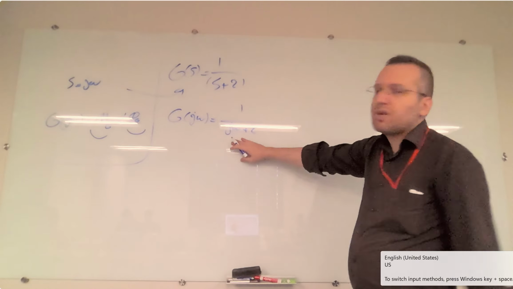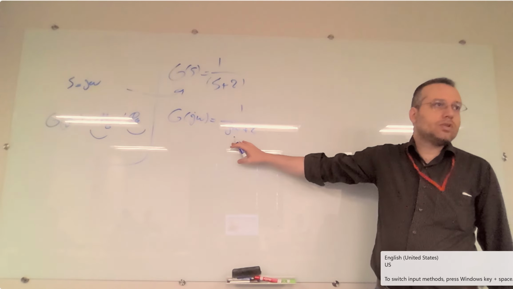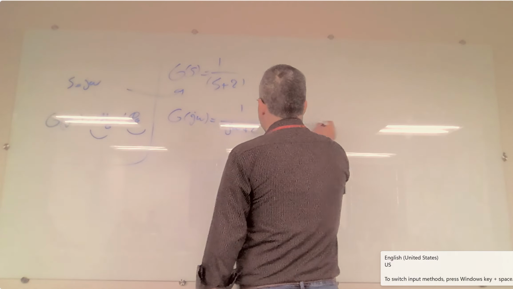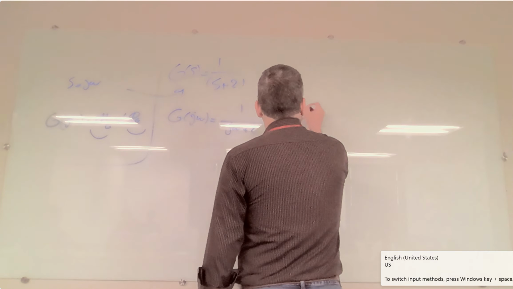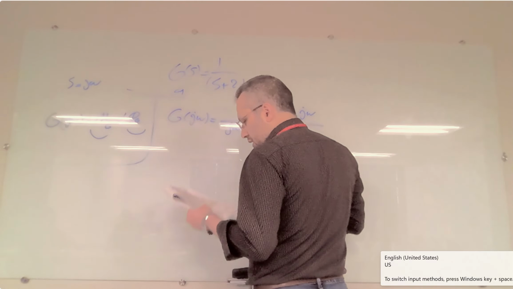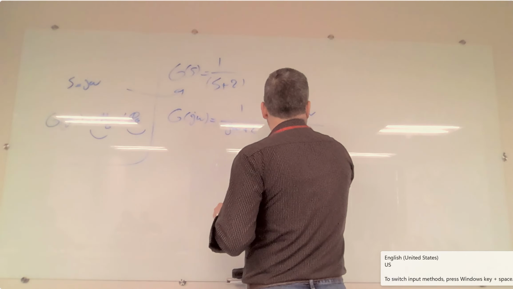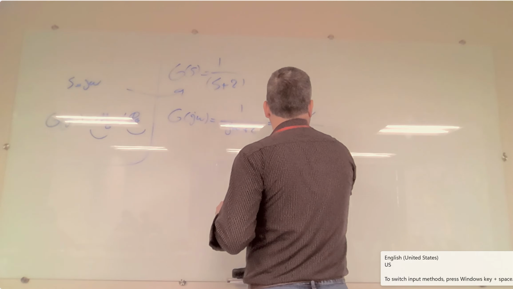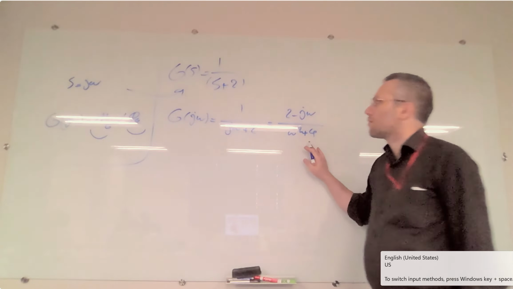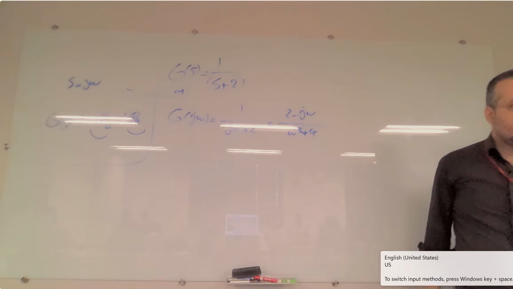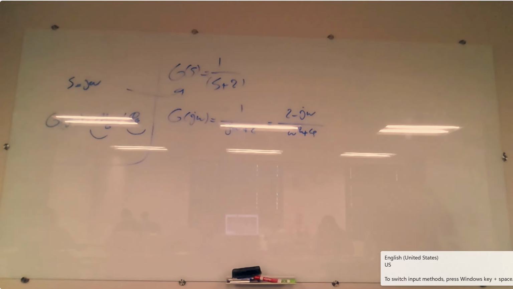Now, normally we don't like an imaginary number in the denominator, so let's fix it. So it's going to be 2 minus J omega, and the denominator would be omega squared plus 4. It's the same. I just multiplied the numerator and denominator by the conjugate of the denominator.